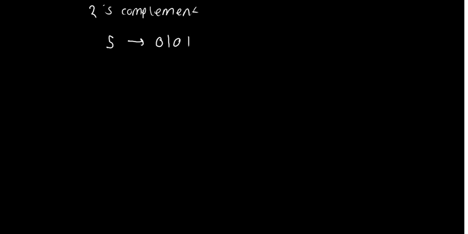So it should be 1, 0, 1, 0, right? I just invert the bits. So this is negative 5, right? To convert this now, I then just add 1 there. So this would then give me 1, 0, 1, 1. This is negative 5 in 2's complement. So this is 1's complement, this is 2's complement, right?